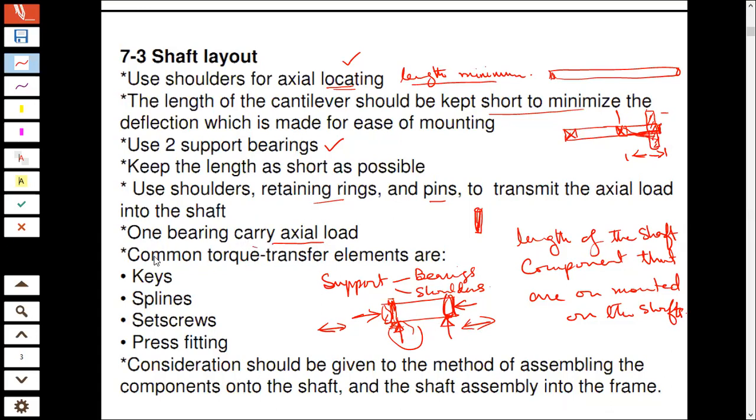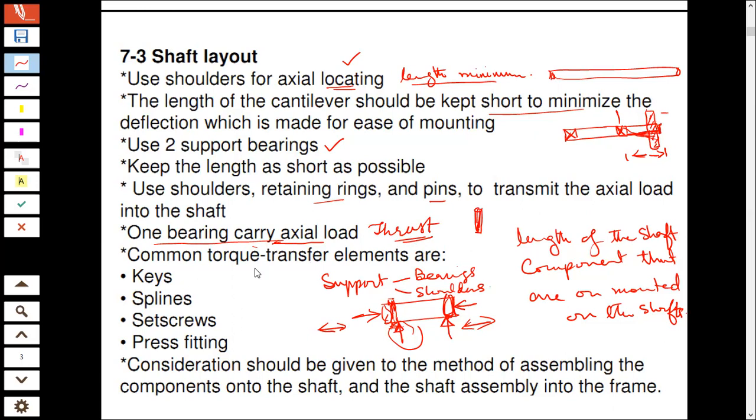And if you remember, when we discussed bearings, this is what we said, that one bearing should take the axial or the thrust load. And in the problems that we did, we also specified that bearing A is taking the load or bearing B is taking the load. Generally, we mark it as bearing A, the bearing that takes the axial load.